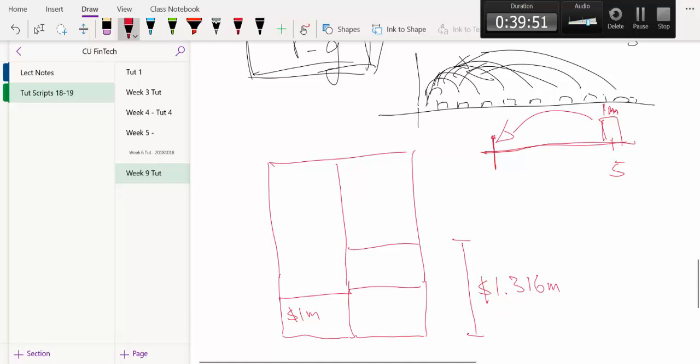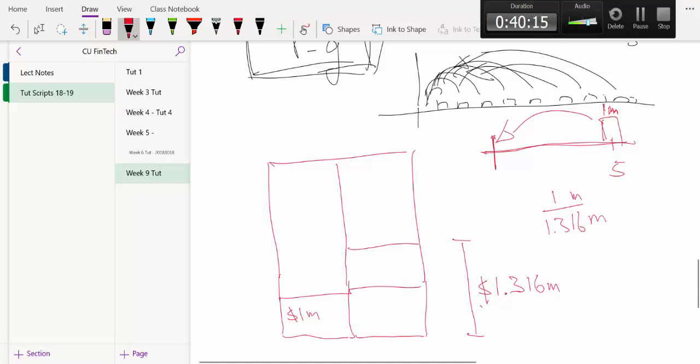And then, this is the money I'm making. Sorry, if this is how much it's worth, and I am bringing in $1 million, then my share of the company should really be 1 over 1.316. Are you with me?